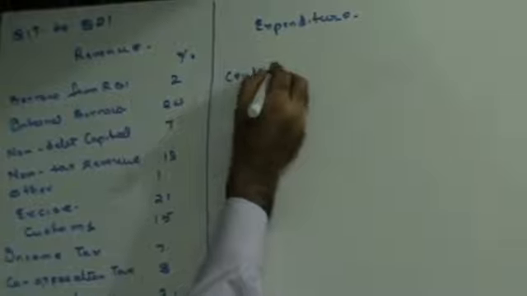Central plan, interest, defense, subsidy, non-plan expenditure, state share of tax and duties, then non-plan assistance to state and union territory government, non-plan assistance, and plan assistance.